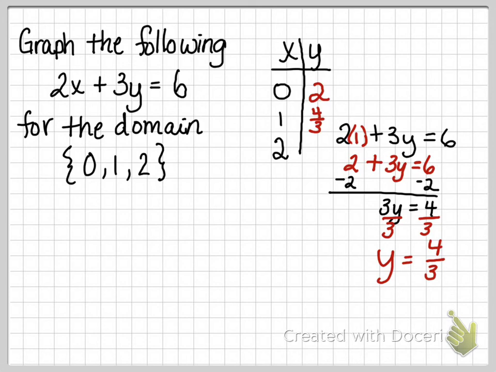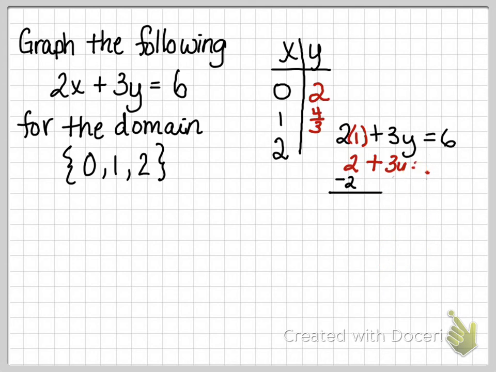All right, one more time. This time we're going to replace it with 2. I'm going to erase this again. You start solving that next one. So I'm going to plug in 2. That's 4 plus 3y equals 6.